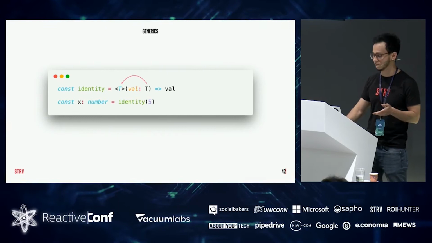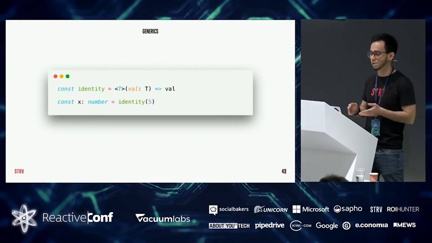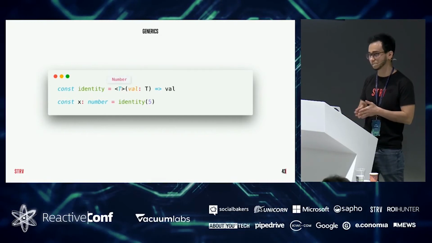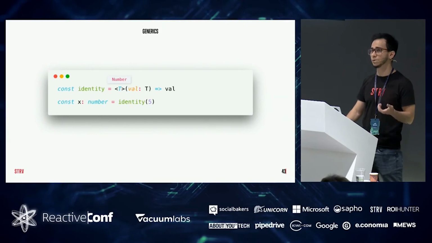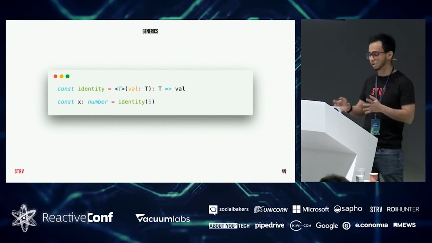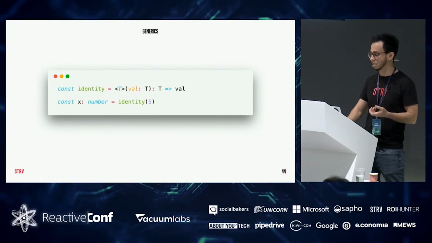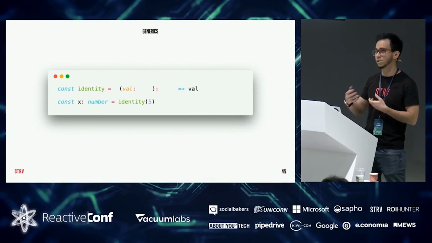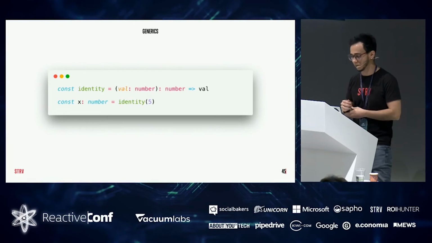So this T that lives on the left will have our number type in this case. Now that we have it here on the left, we can reuse it in the return type or wherever we want. In this case, it's just for the return type. So just think of it as we're replacing this by actual types, but we didn't have to specify them.